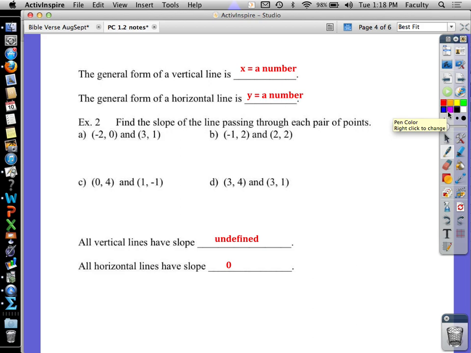All right, I want you to try example 2 on your own. Find the slope of all 4 of those.